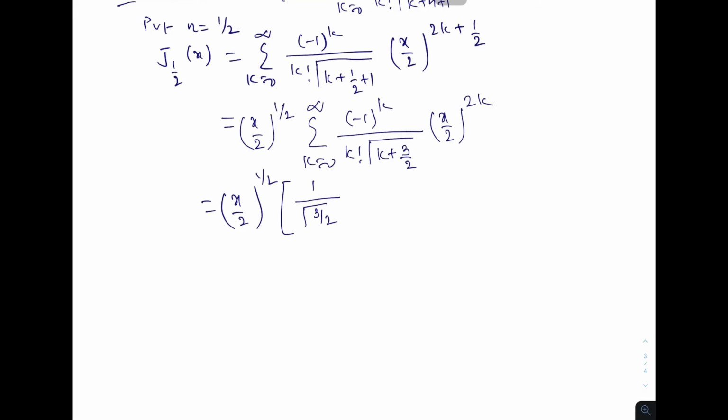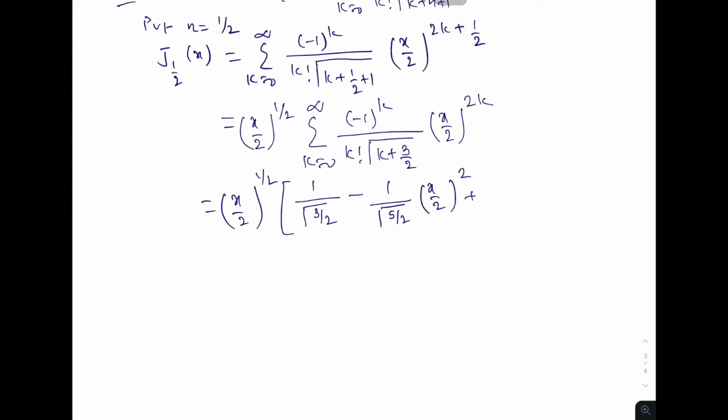Now k equal to 1: this is a negative sign, minus 1 over 1 factorial, which is 1, and 3 by 2 plus 1 is gamma 5 by 2, and (x by 2) power 2.